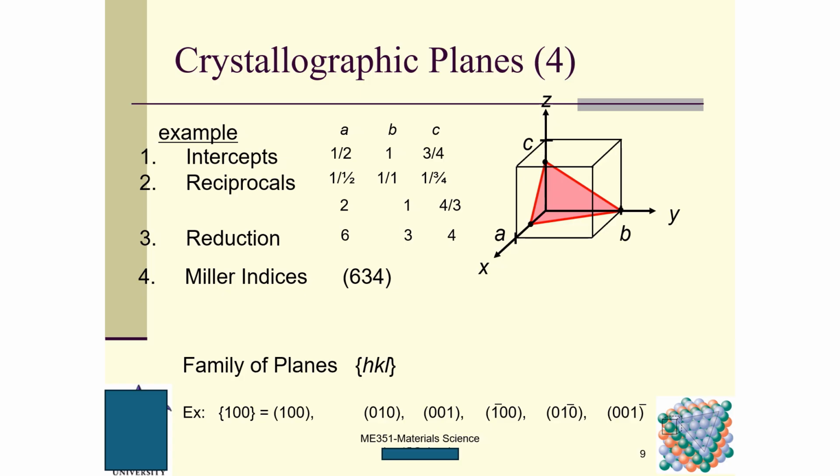For example, this family of {100} equals (100), (010), (001), and (1 bar 00), (01 bar 0), (001 bar). I'm sorry, this is a bar on the 1. This is 001 bar. So this is a family.